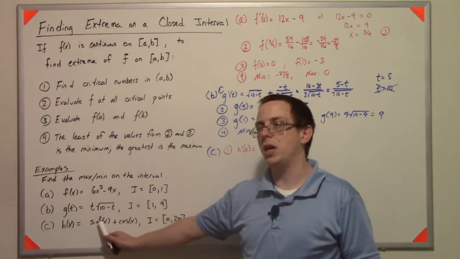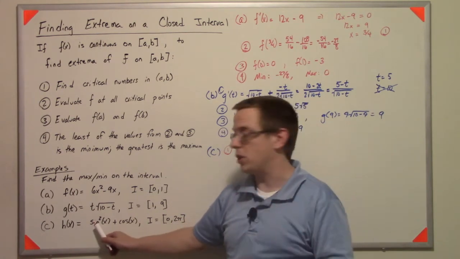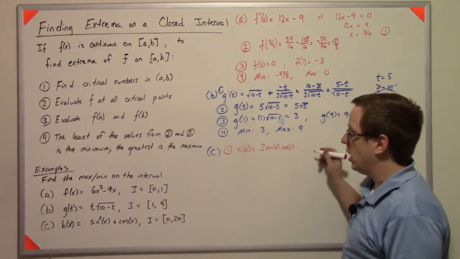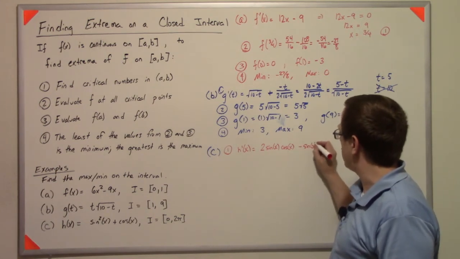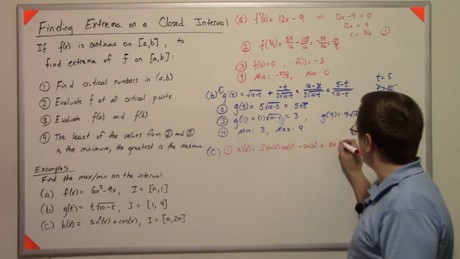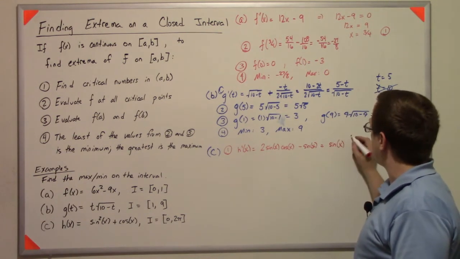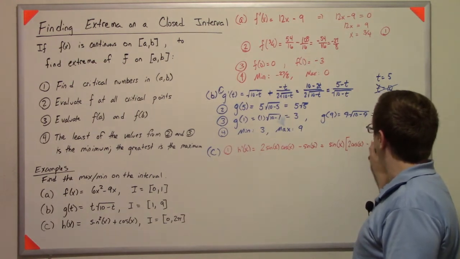So chain rule says that you leave the sine alone, but you have to multiply by the derivative of sine, so you get a cosine. And then you get minus sine of x, because that's the derivative of cosine, which if you pull that out, you end up with a factored sine of x times 2 cosine of x minus 1.